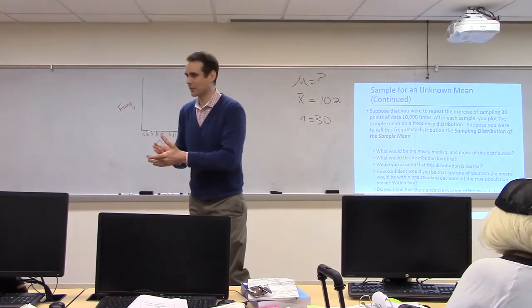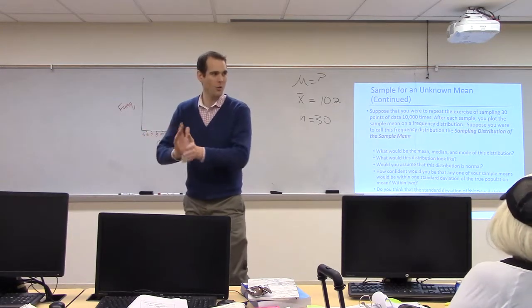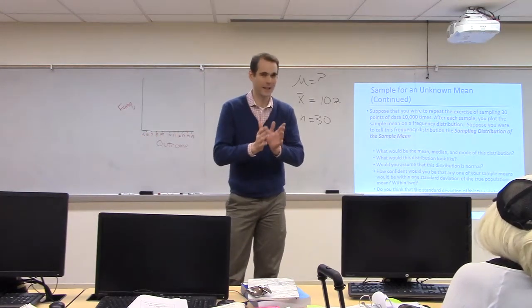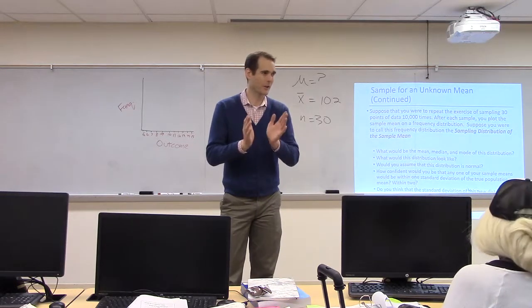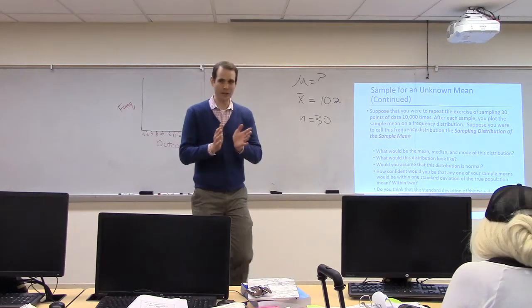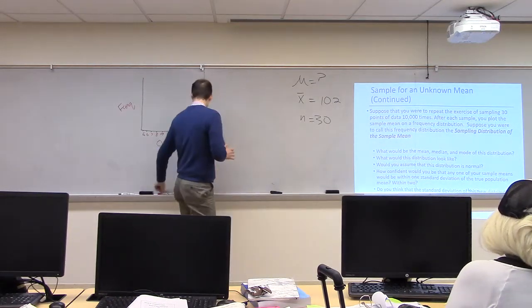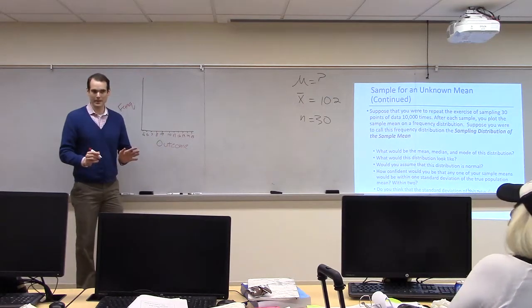Take another sample of 30 students, write down the mean, throw those students back. You do this over and over again, say 10,000 times, and you put those results on a frequency distribution. We're going to call that frequency distribution the sampling distribution of the sample mean.